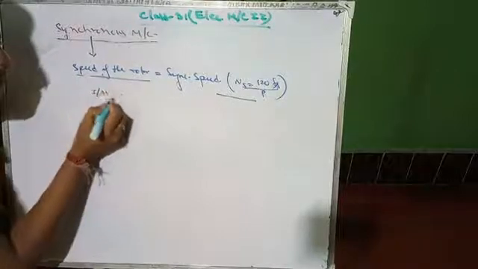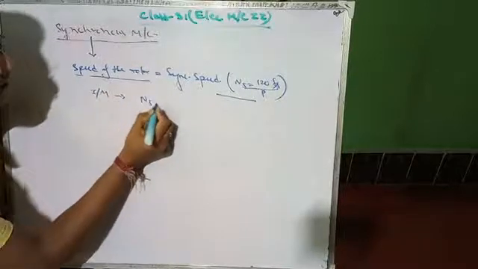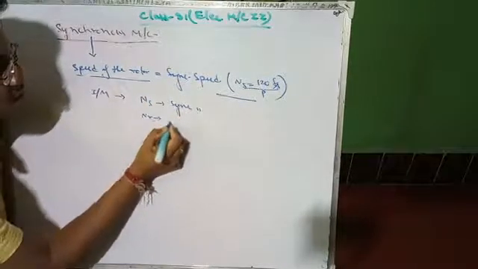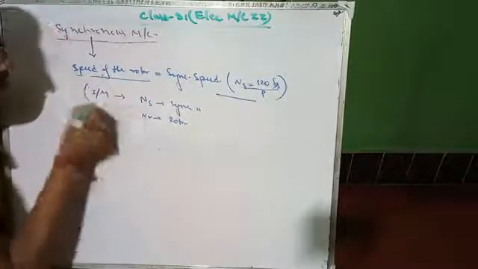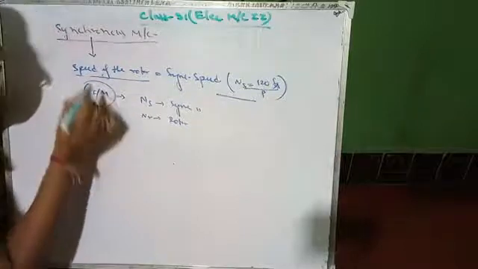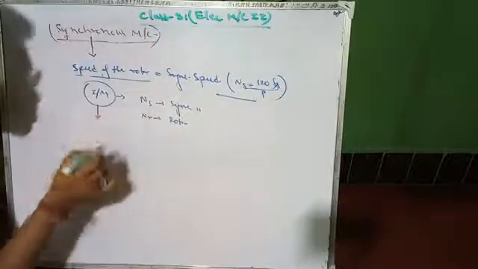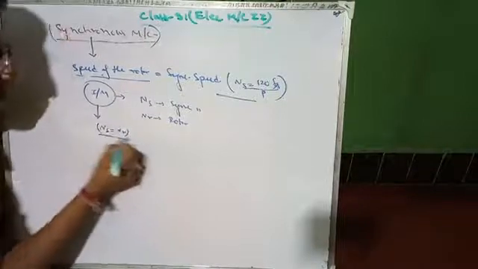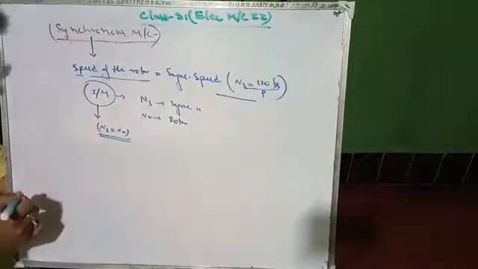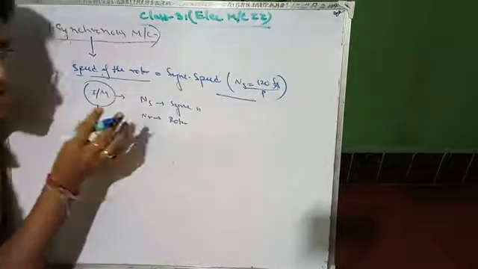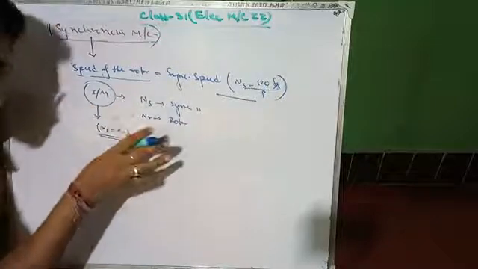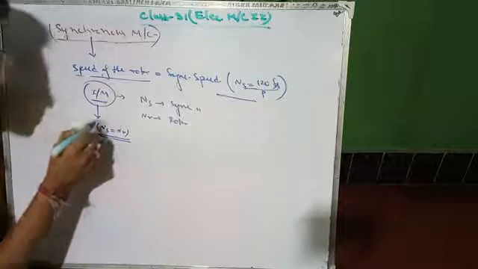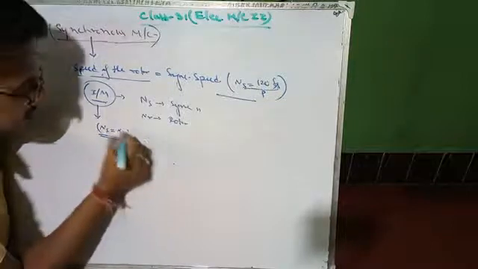One question: in an induction machine, there is Ns, the synchronous speed, and Nr, the rotor speed. An induction machine can act as a synchronous machine when Ns equals Nr, that is, the rotor speed equals the synchronous speed. At this situation, what is the slip?